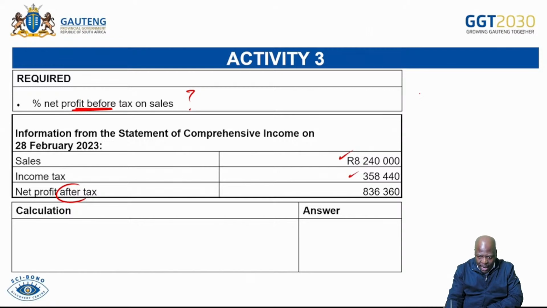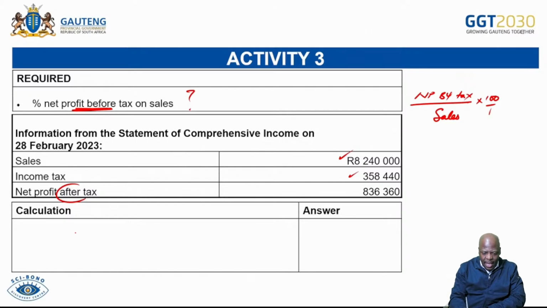So the formula would be my net profit before tax over my sales. I multiply that by 100 over 1. So I'm going to come here and I have net profit after tax. You have to remember what we did in the statement of comprehensive income. You always get your net profit before tax.